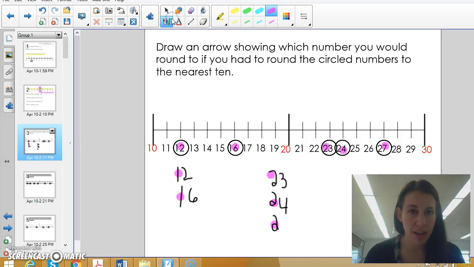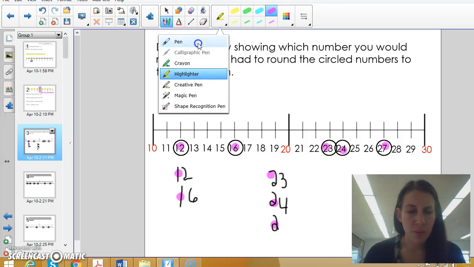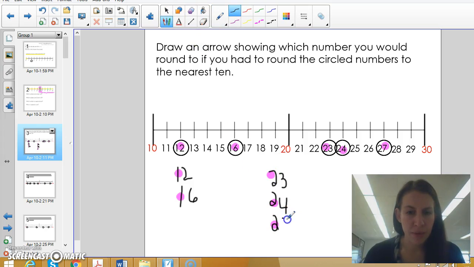What I want to decide is whether these numbers are closer to the 10 that's there. So are they closer to 1 ten, or 10, or the next one, which is 2 tens?